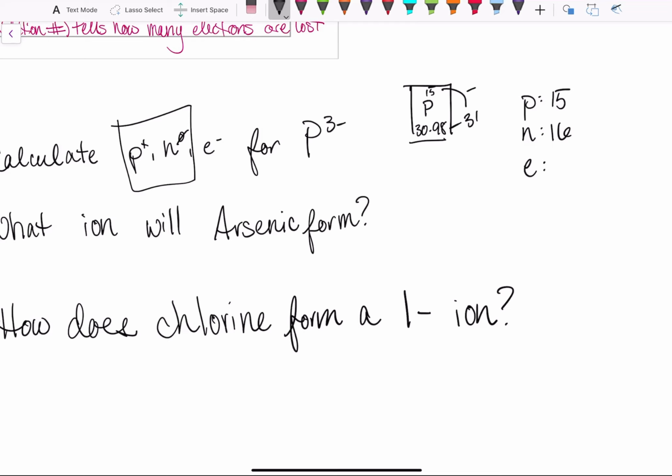We would normally have 15, right? Because that's the atomic number. But now, since we're gaining 3, 15 plus 3, we actually get 18. So a way to remember it, whatever the sign is on the ion, just do the opposite to your electrons, right? Like if you have 15 as the atomic number and you see this negative sign, well, that means you're adding 3, and vice versa.